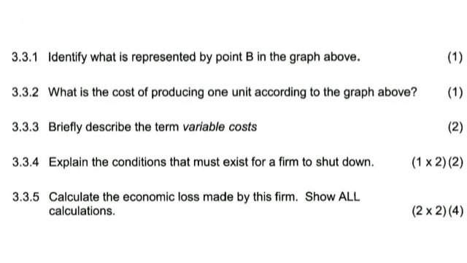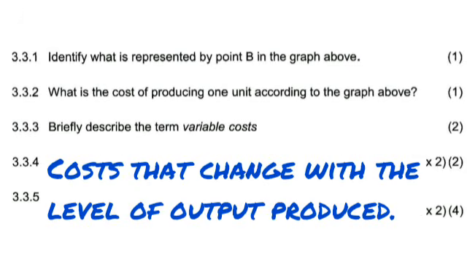Then in 3.3.3 it says briefly describe the term variable cost. So basically, what are we talking about when we are talking about variable cost? In a firm we have two different types of cost, the fixed and the variable. The variable is basically costs that change with the level of output produced, whereas fixed costs do not change regardless of the level of output that is produced.